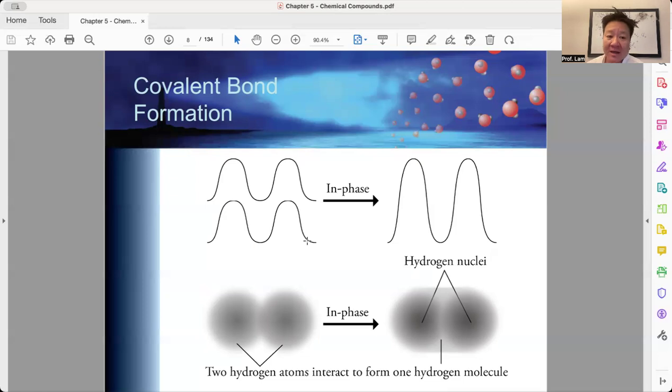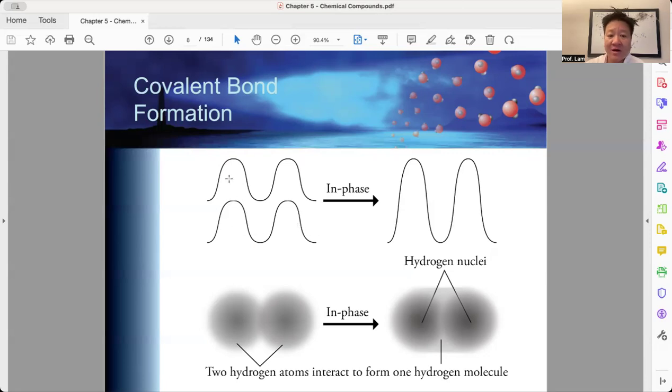But the way we can actually explain a bond is, remember the quantum theory, where an electron is a wave and a particle at the same time, and the wave nature of the electron is actually involved in bonding.